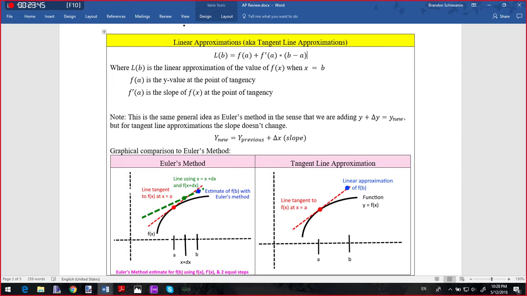You can think about it as using Euler's method with only one step if you want, and then the math is the same.